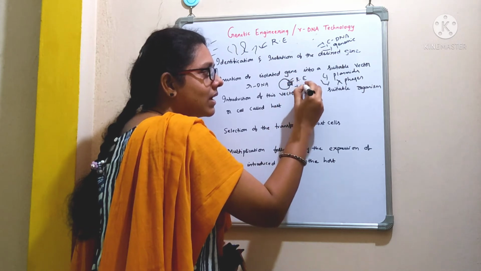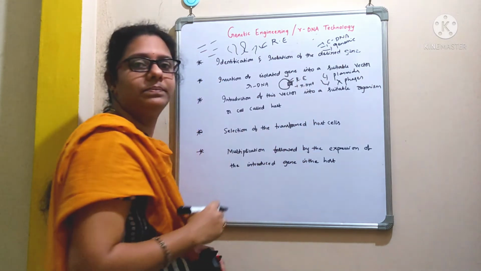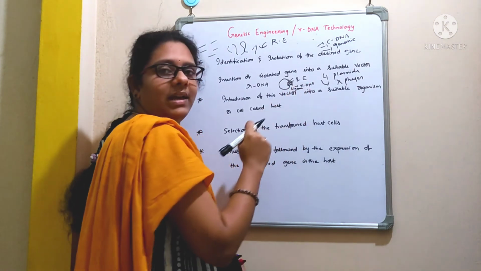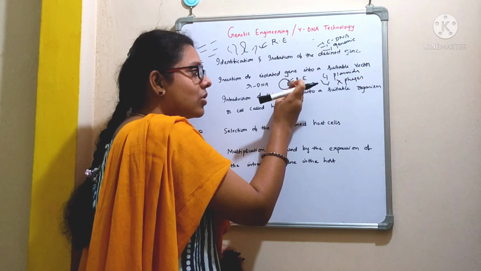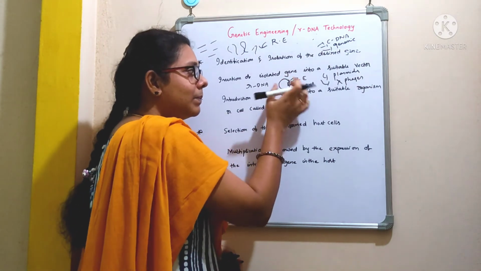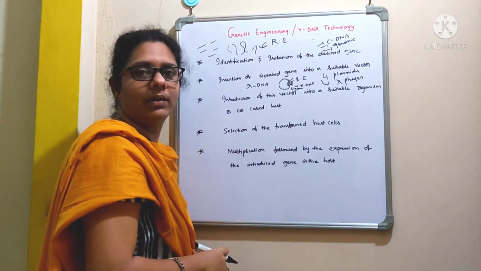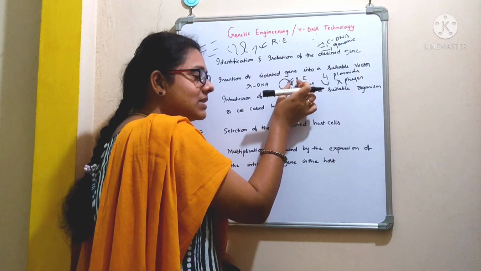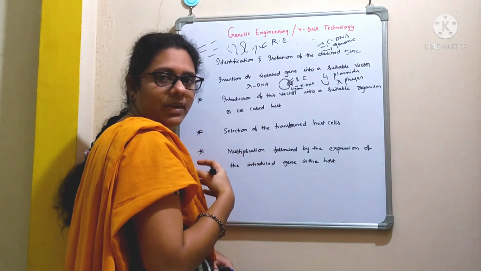Now this is a recombinant DNA molecule. Of course, again here you are going to use another enzyme called ligase. Ligase is going to join the adjacent DNA fragments. Now it's a complete recombinant DNA molecule. This vector is carrying a foreign gene, and this is the gene of our interest, right?